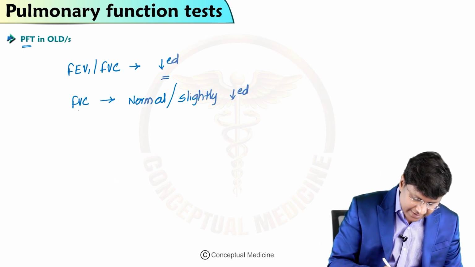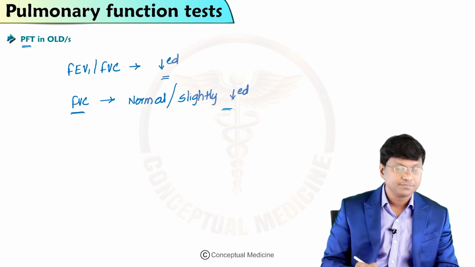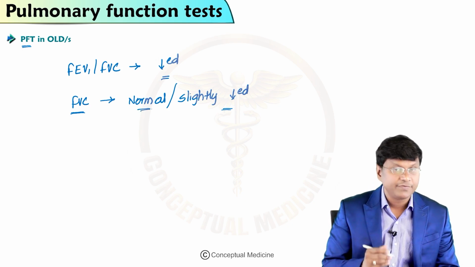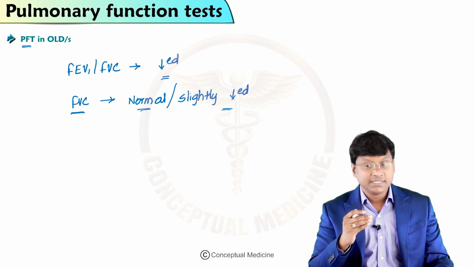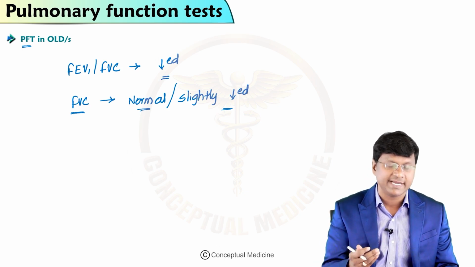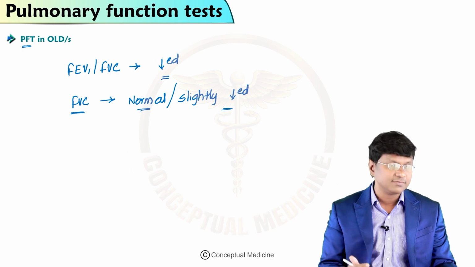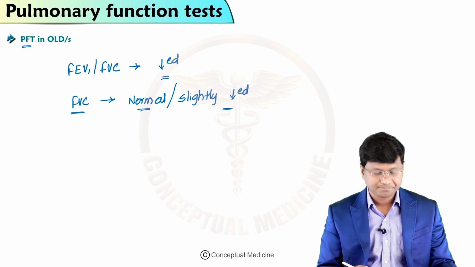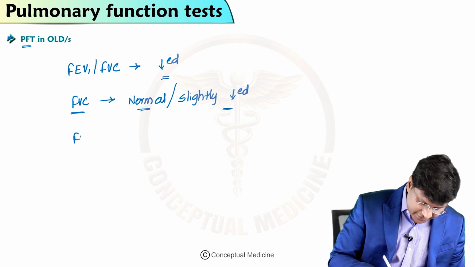So, thereby, what will happen to your FVC? It is reduced. Then when will it be normal? For example, if the individual has the mild state of the disease or an earlier state of the obstructive lung disease, then the FVC may be normal. Then you take FEV₁.